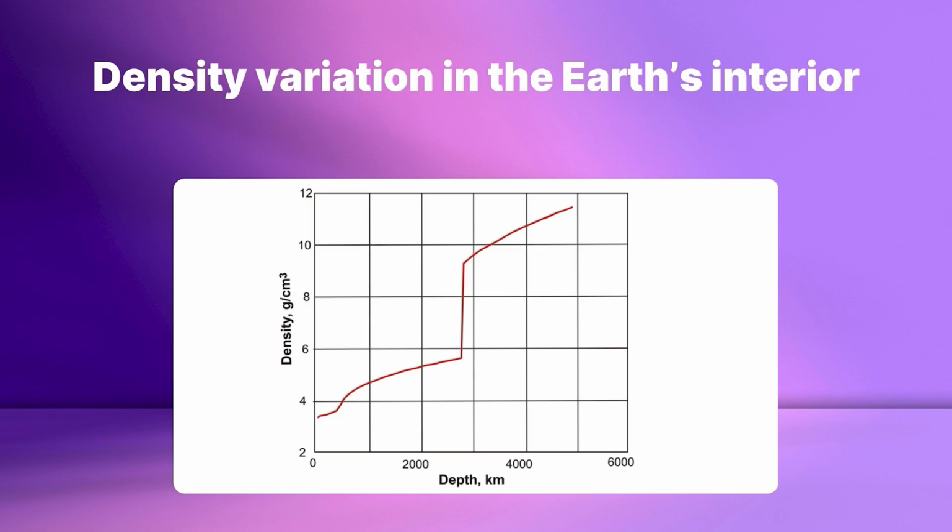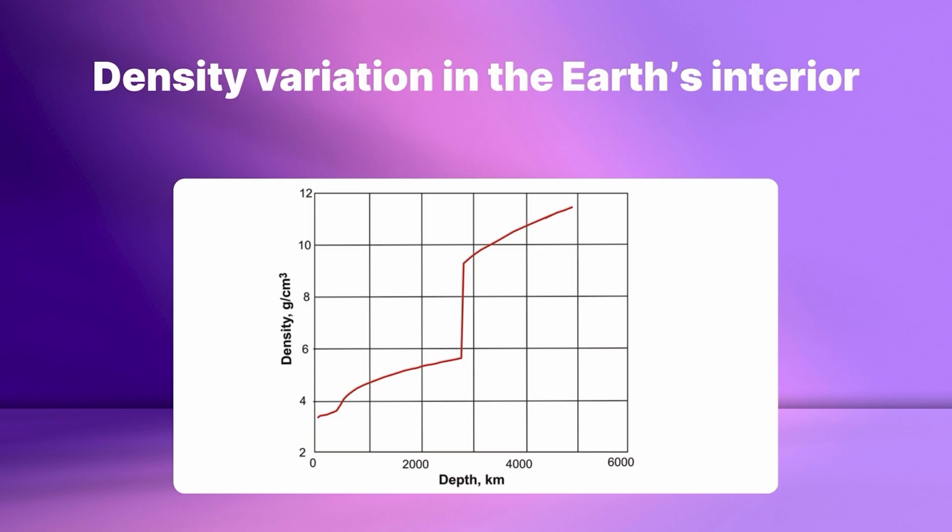Up to 35 kilometers there is a gradual rise, but after 35 kilometers you have the mantle, and again there is a rise of density, and this rise is consistent and goes on increasing till the mantle depth. Mantle depth is around 2886 kilometers.